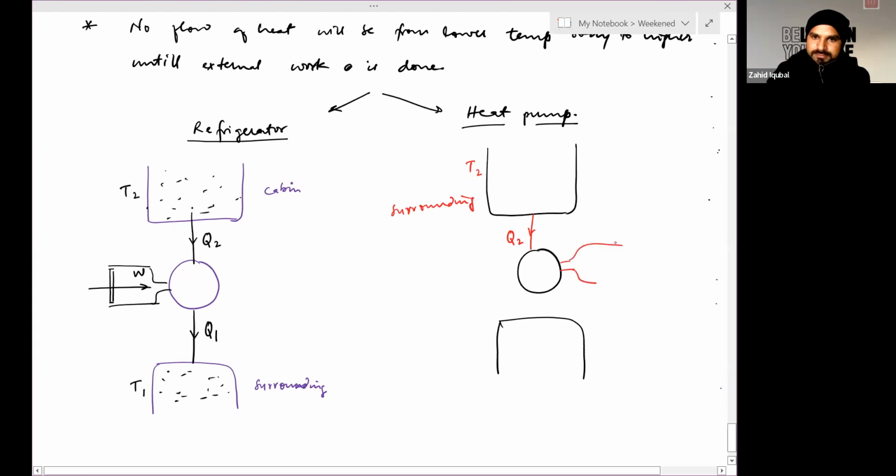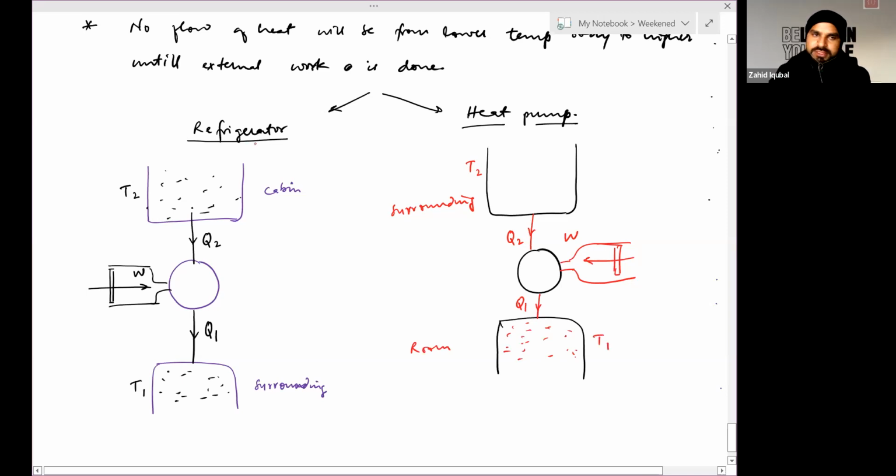Some work W is done by the compressor so that it becomes Q1 to eject into the room, the region of interest, to warm it.